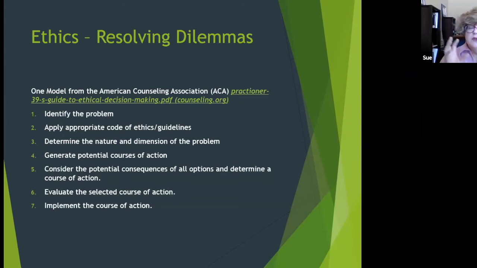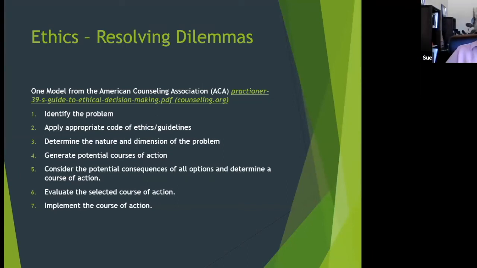Because if you're having an ethical situation or any kind of a challenge with your supervisee, being able to document what it was, how you sorted it out, who you consulted, being able to document the steps and document what did I decide to do, when did I implement it, how was the outcome? Did that outcome work?